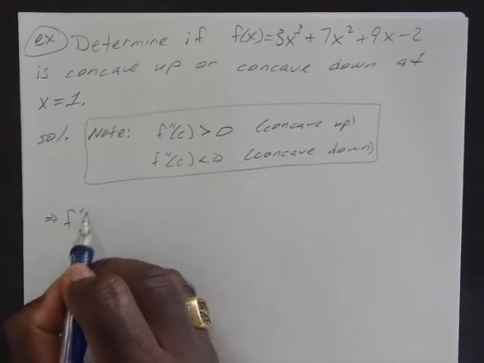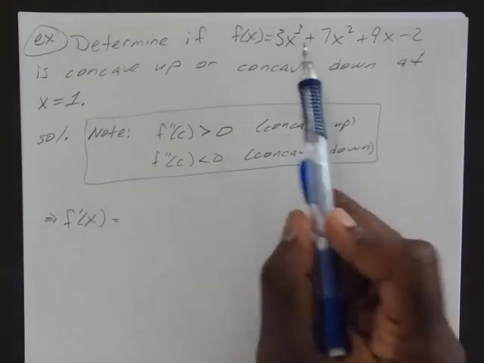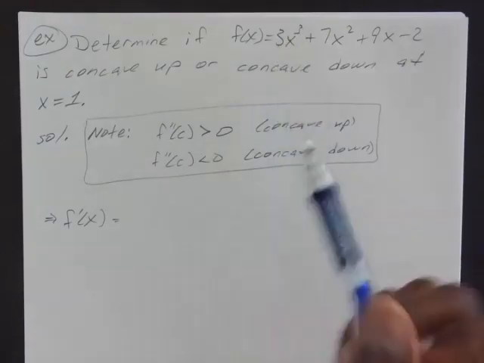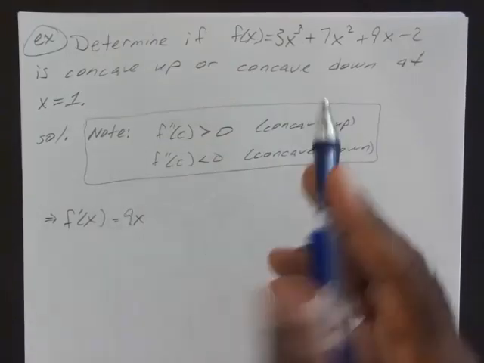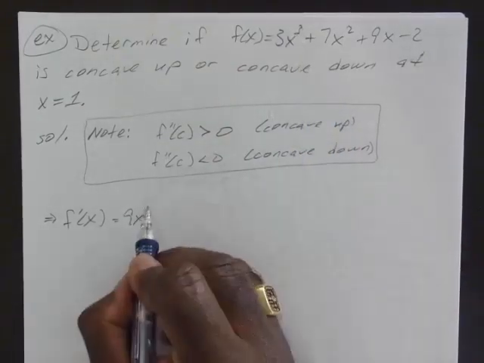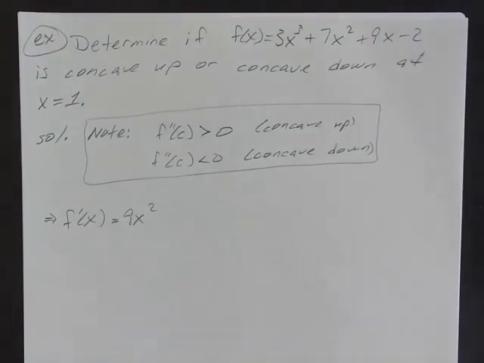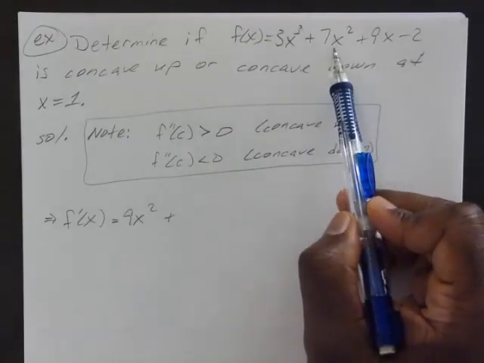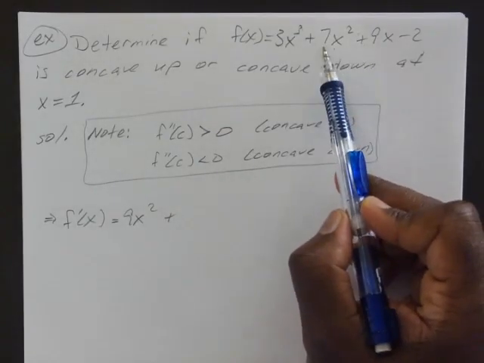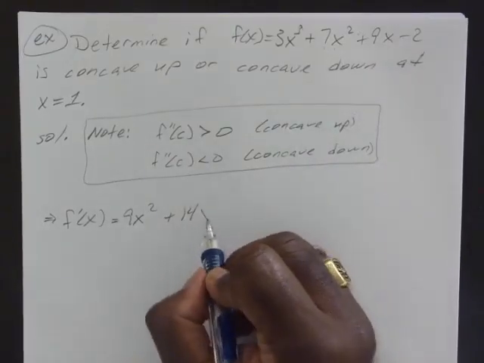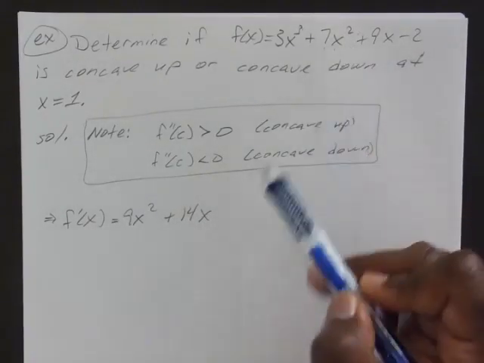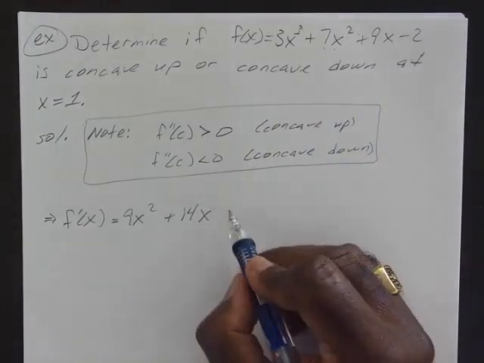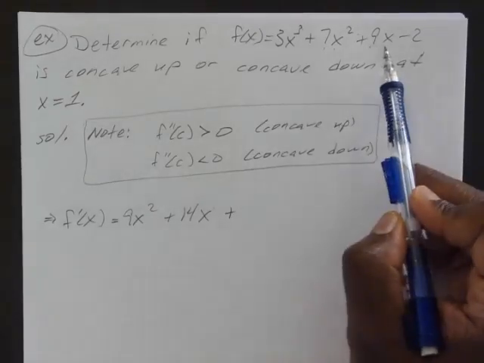Okay, so we know our f prime of x is equal to the derivative of x to the third power, bring down the 3. So 3 times 3 is 9, times x to the power of 3 minus 1, that's 9x squared, plus the derivative of x squared, we bring down the 2. 7 times 2 is 14, times x to the power of 2 minus 1, which is just to the first power, so we can leave that the way it is, plus 9 times the derivative of x.